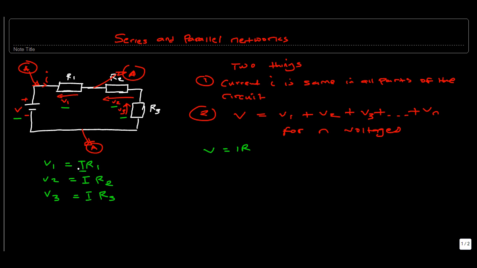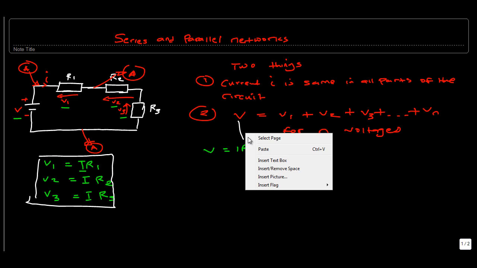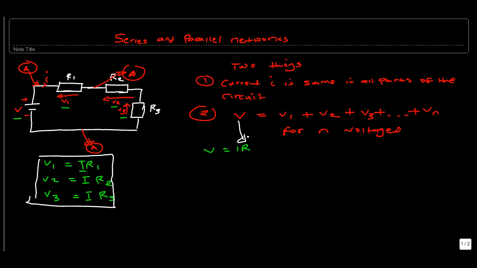So obviously you can use this to work out the formula to find the total resistance in the series circuit. All you need to do is replace your V by IR, that's Ohm's law.